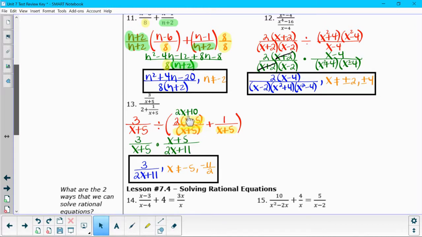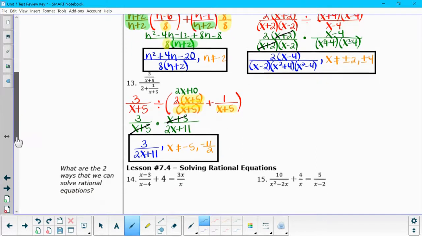So that 2x plus 11 from the top is now in the denominator. The x plus 5 from the denominator is now in the numerator. Go through, cancel out what I have in the top and bottom, leaving me with 3 over 2x plus 11. X cannot equal negative 5. X cannot equal negative 11 over 2.